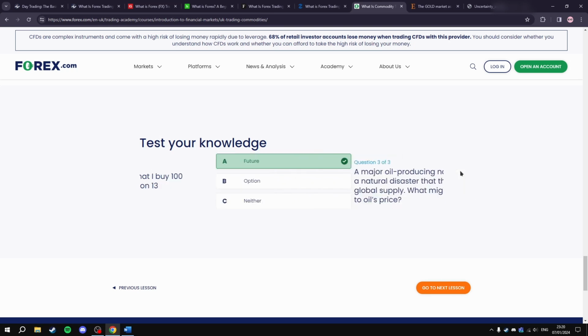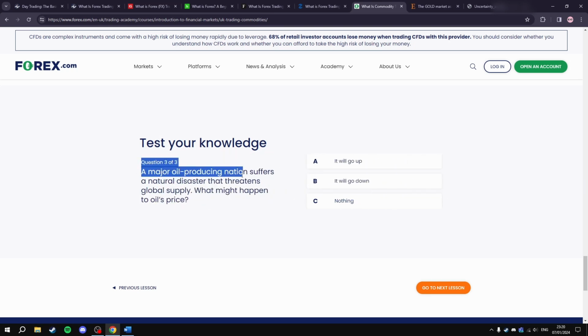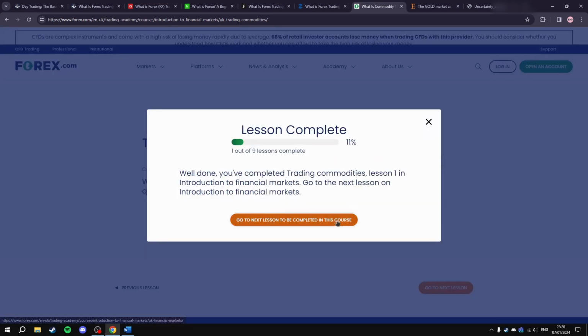That's a future. A major oil producing nation suffers a natural disaster that threatens global supply. What might happen to oil supply? Go up because the supply decreases, but demand still is kept the same or increases. So, yeah.